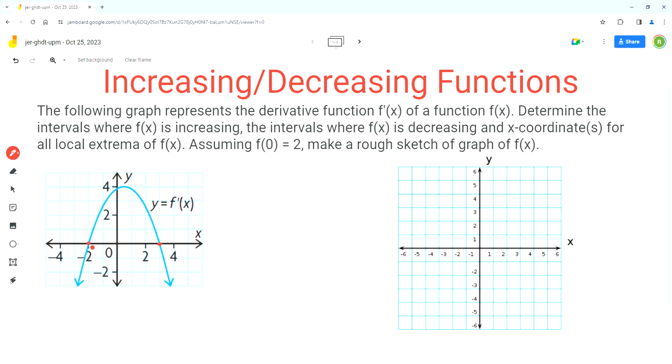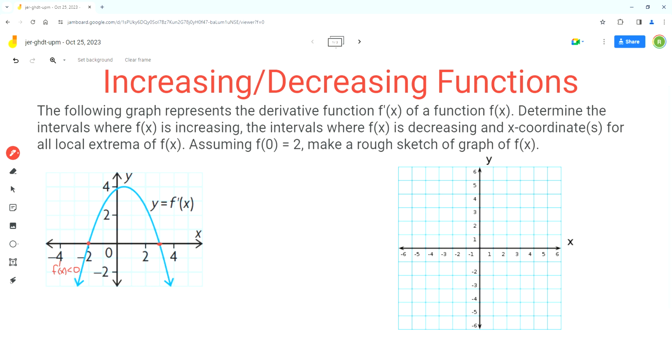Now to the left side of the x-intercept -2, the graph of f prime of x is below the x-axis. So that means to the left side of -2, f prime of x is less than 0 because the graph is below the x-axis.